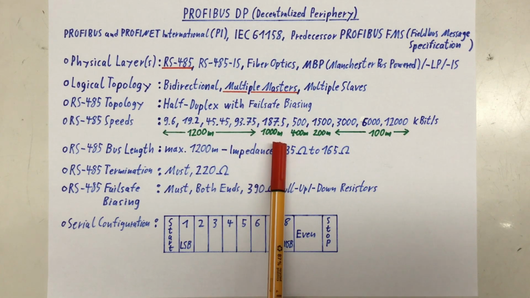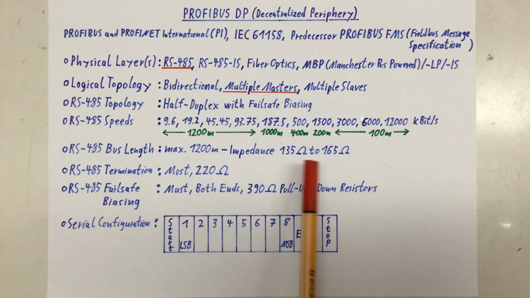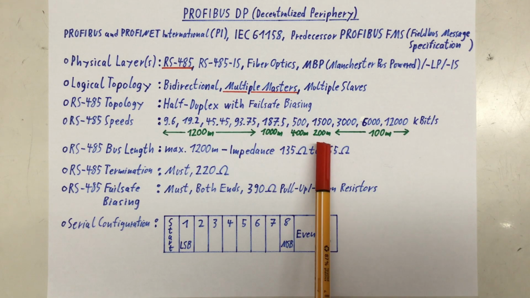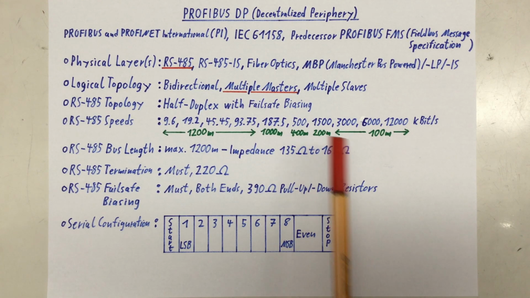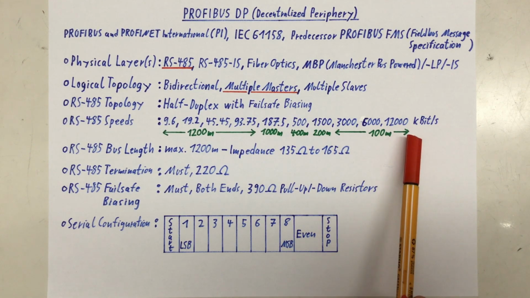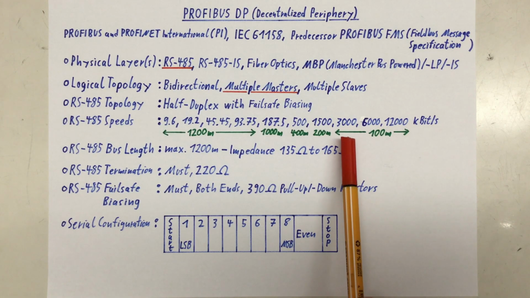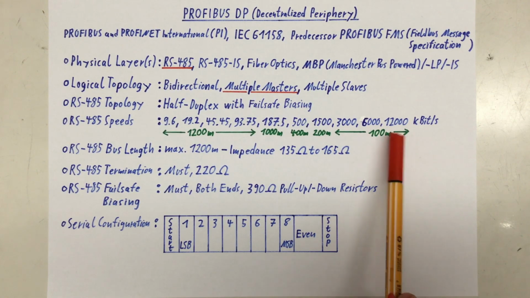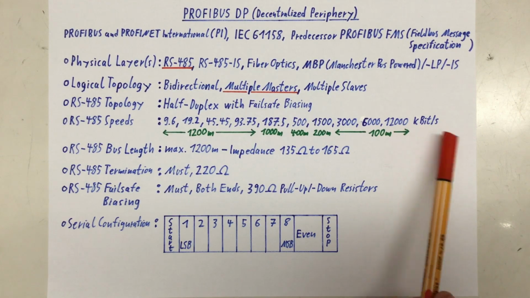Up to 1000 meters, 187.5 kilobits per second, up to 400 meters, 500 kilobits per second, up to 200 meters, 1500 kilobits per second, and up to 100 meters you can run that thing at 3000, 6000 or even 12,000 kilobits per second.